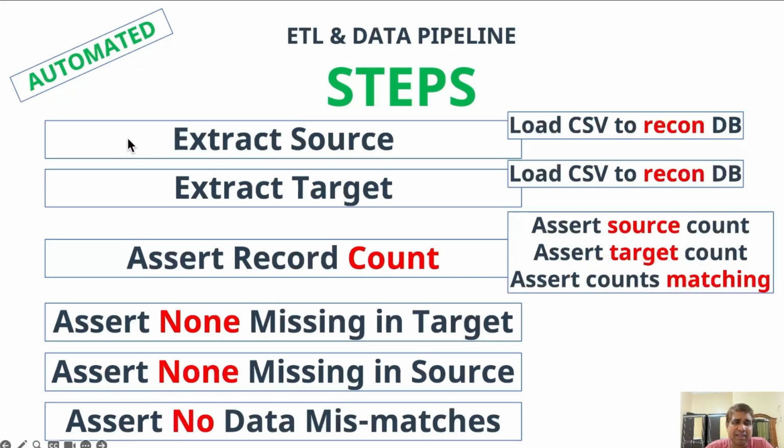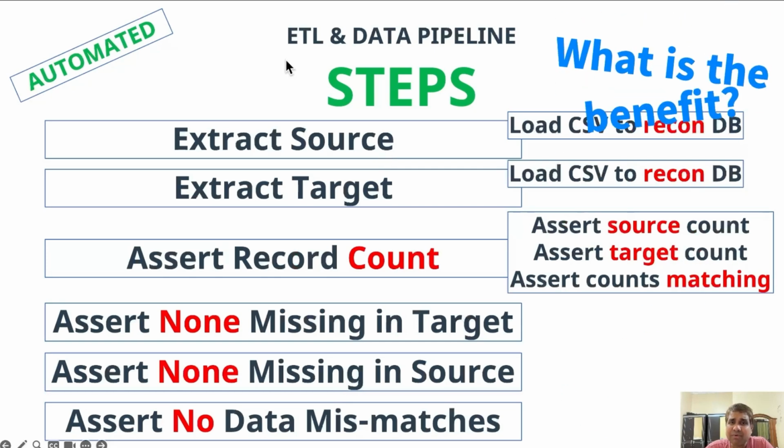Then this step passed. Now further in the automation process, we have to find any data missing in the target which is present in the source, any data missing in the source which is present in the target, and any data present in both source and target but they don't match. That's pretty much what automation is going to cover.